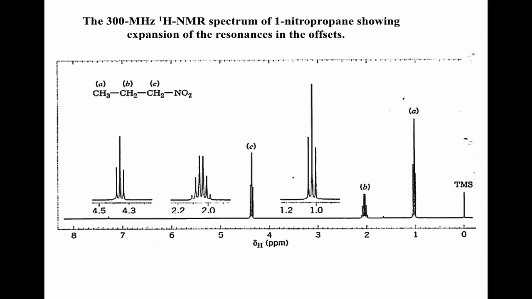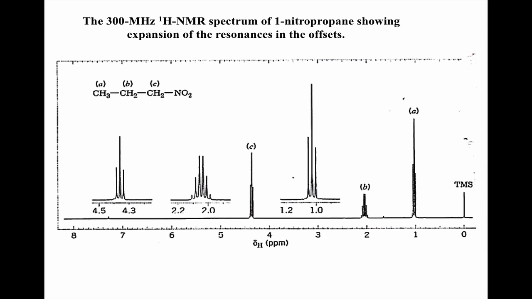Explain this spectrum for me. Does it make sense? We draw a line at 5. These are not past 5. These are just blow-ups of the insets. They're called insets. So here we have 5. Everything's over here. That makes sense, right? Should we see only 3 signals? Yep.